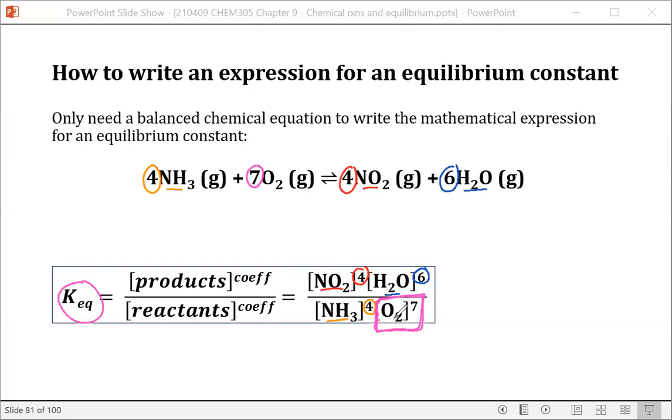It's a little bit harder math, but it's going to be one of those two types of problems. On the quiz this week, you should expect to solve a problem where you're given the equation, you have to write the expression, and then you have to plug in the concentrations and solve for KEQ.